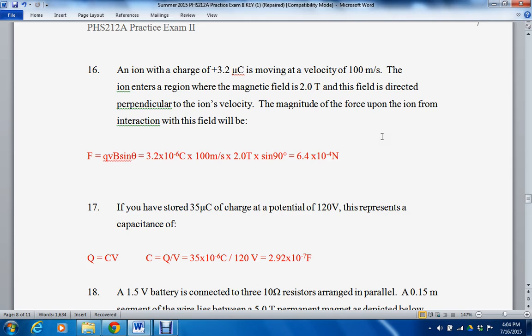The magnitude of the force upon the ion from this interaction in this field will be force equals QVB sine theta. Q we just have to make sure we convert to coulombs and don't keep it in microcoulombs. V velocity, B sine theta, 6.4 times 10 to the negative 4th newtons.